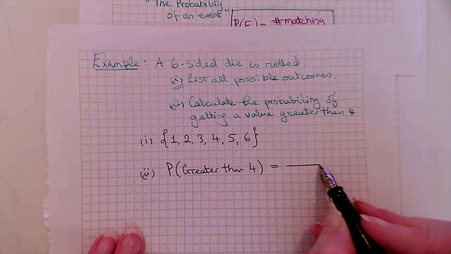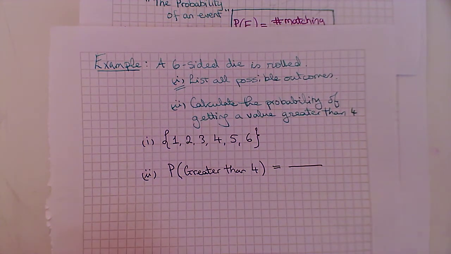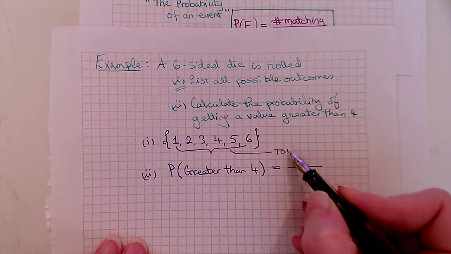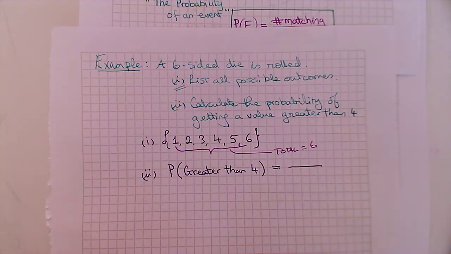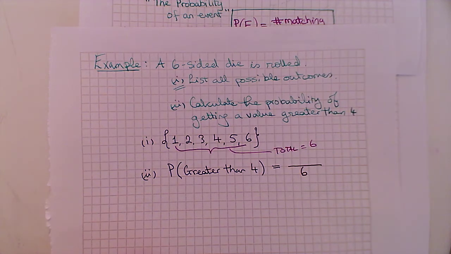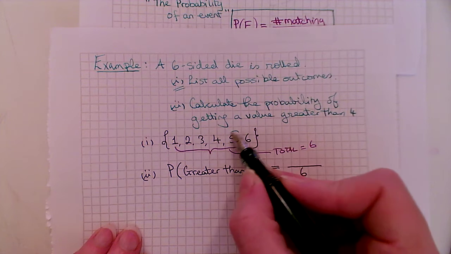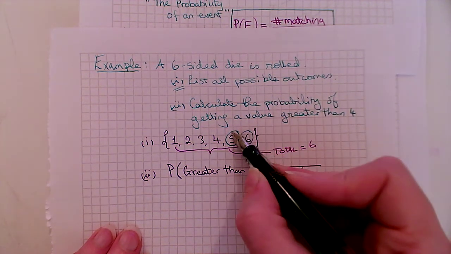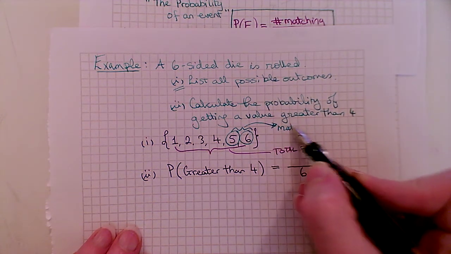Well, it's going to be a fraction that's calculated by the total number of outcomes. What's the total number of outcomes? 6. So 6 is my number that goes under the line. And on top, I say, how many matches do I have? Well, to be greater than 4, 5 and 6 are the possible matches.